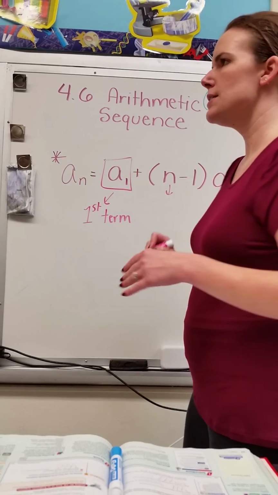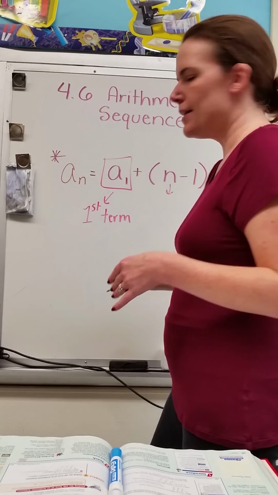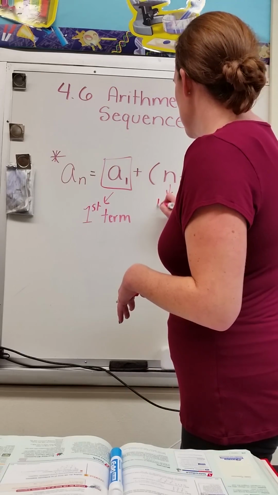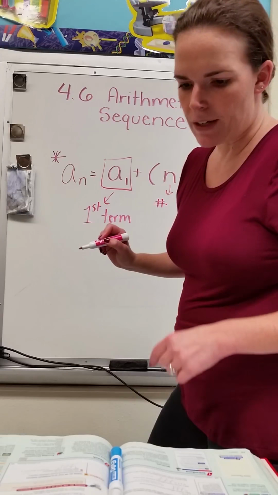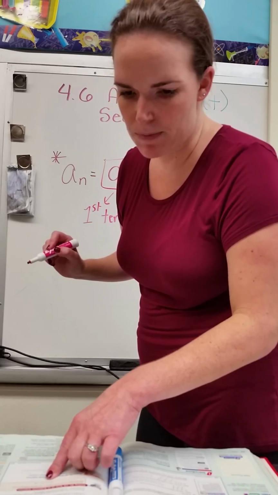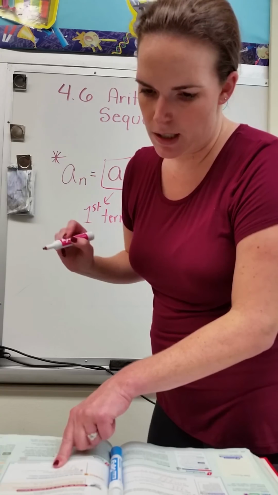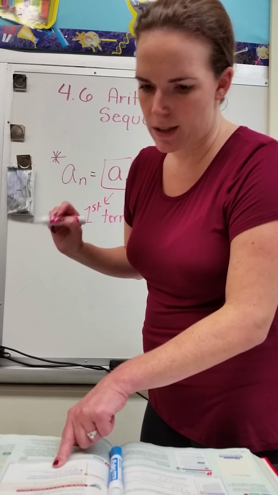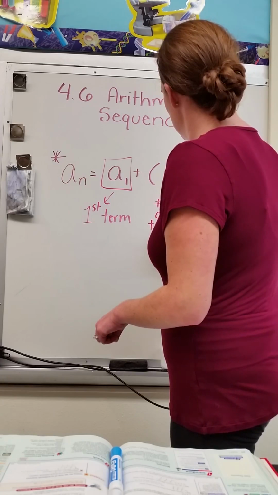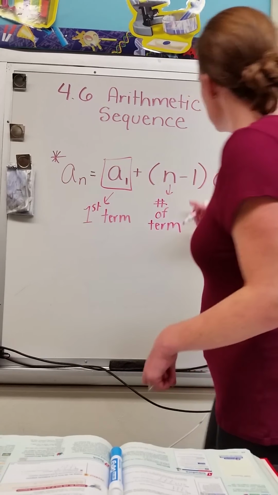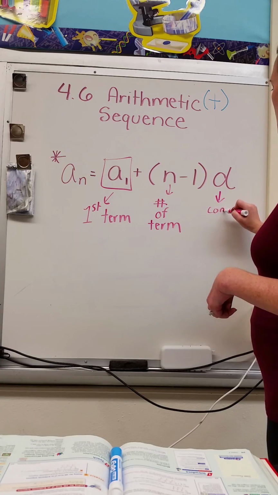So if you're trying to find the 33rd term, then this n would be 33. It's basically the number of the term that you're trying to find. And then you just subtract 1 from it, and then d, you could probably guess, that's your common difference.